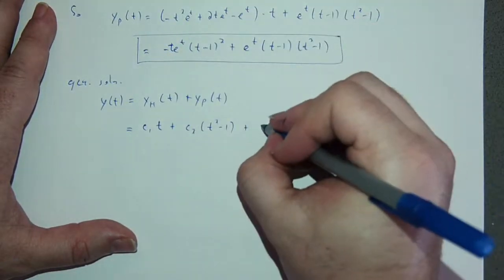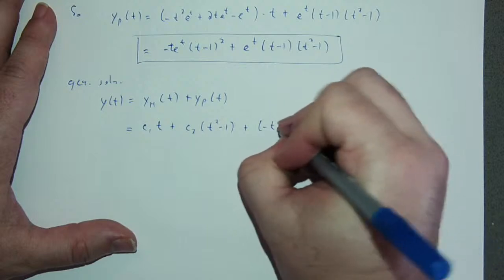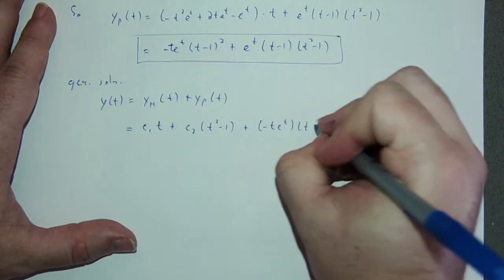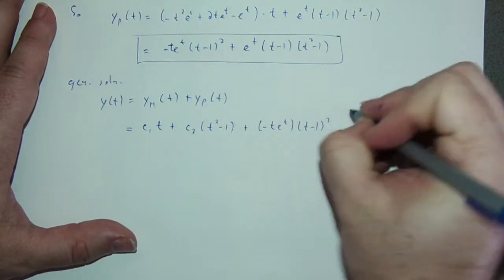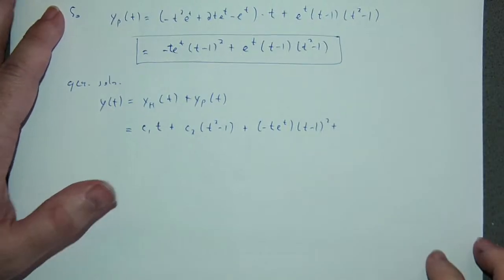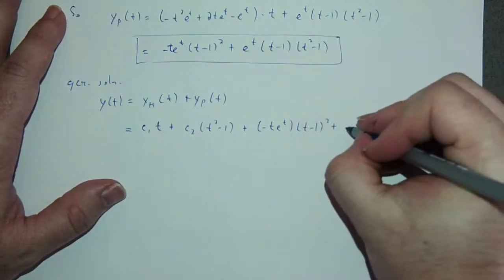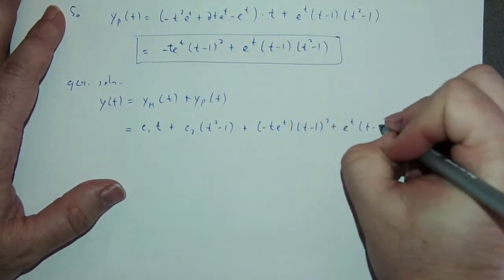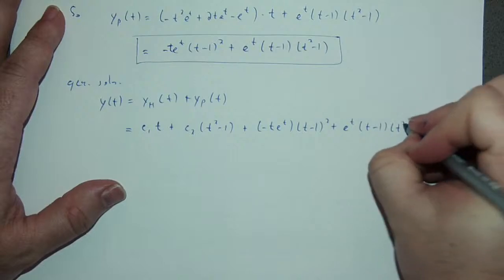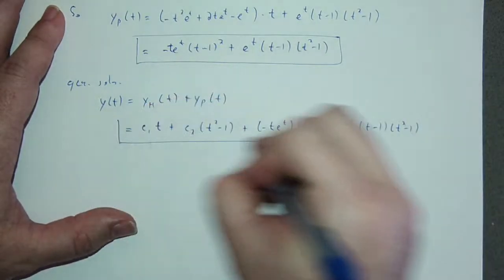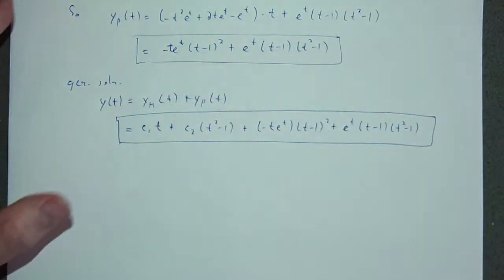So plus minus t e to the t times t minus 1 squared, plus e to the t times t minus 1 times t squared minus 1. There it is. Okay. So that's how this goes.